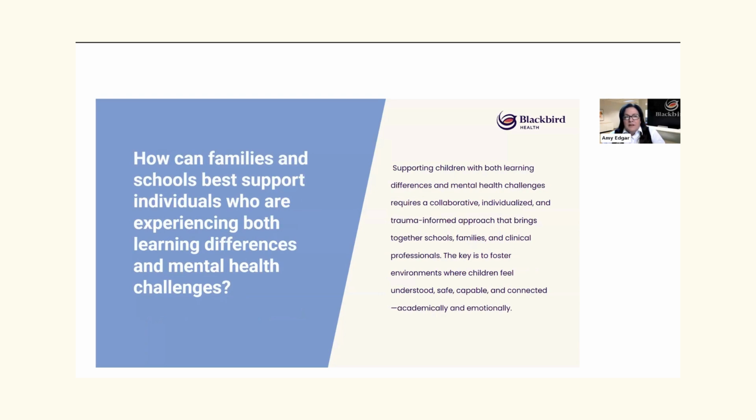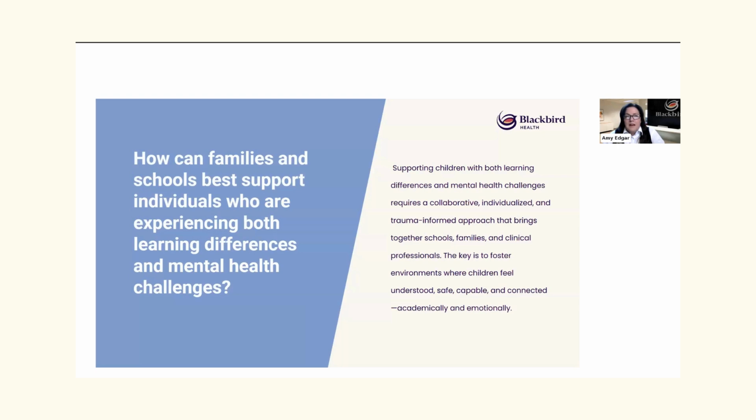So, when we talk about supporting children who have both learning differences and mental health challenges, we're talking about supporting the whole child, and thinking about the behaviors that you see in the classroom, thinking about the learning differences in context to the child's whole life.